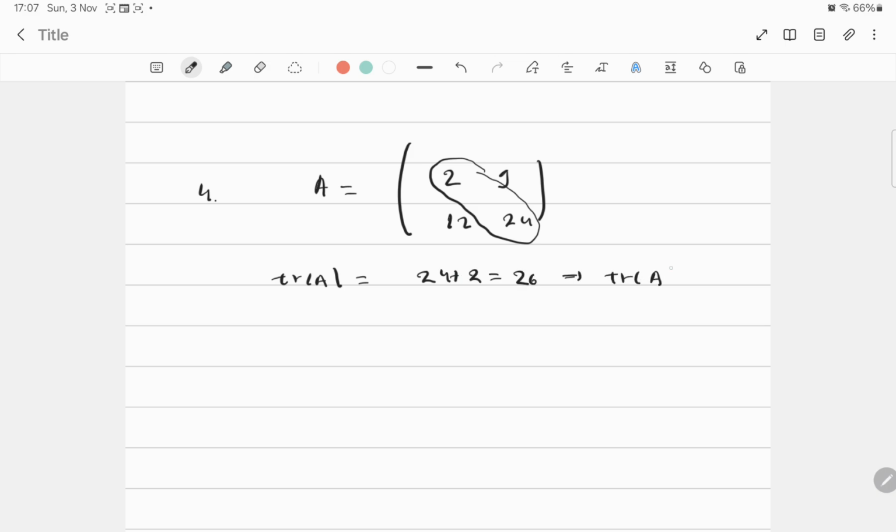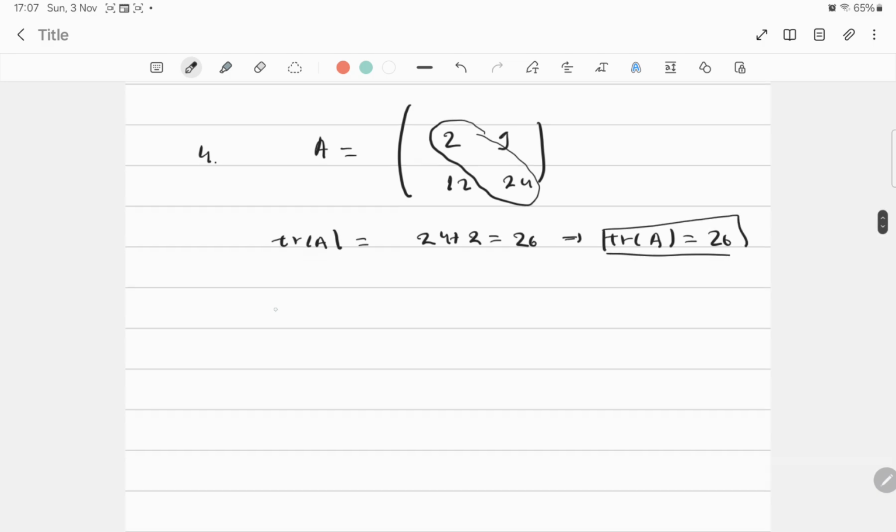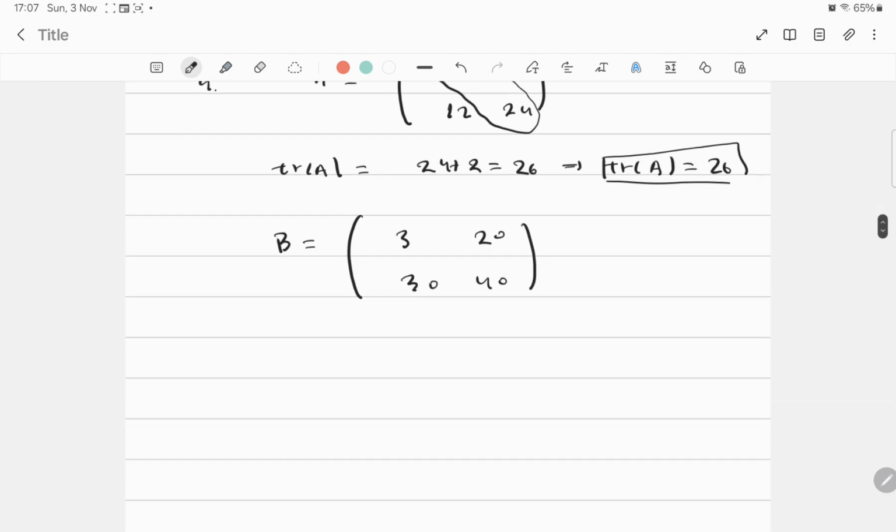The trace of the matrix A equals 26. What is B? We write the matrix B. The trace of the matrix B is the sum of the diagonal elements on the matrix B. So the trace of B equals 43.